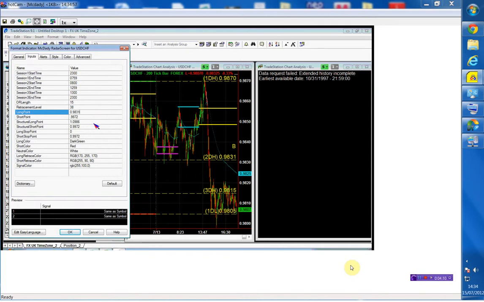That's my buying point. My stop is going to be below 98.15, so I'm risking about 20 pips on that position. It's not really much, and the trend is still up, and I'm looking for a continuation to the upside.